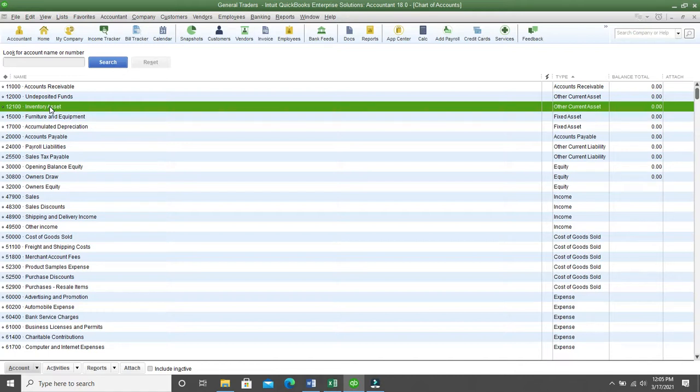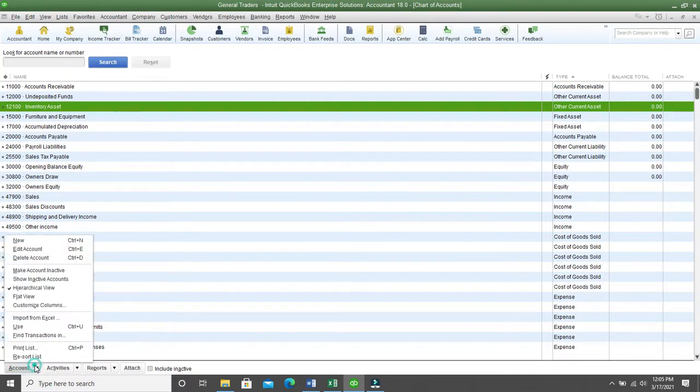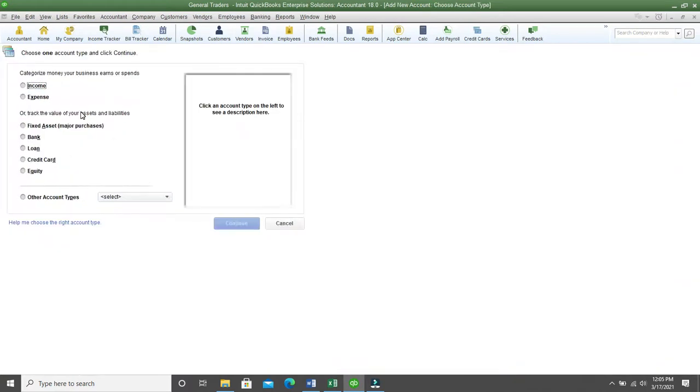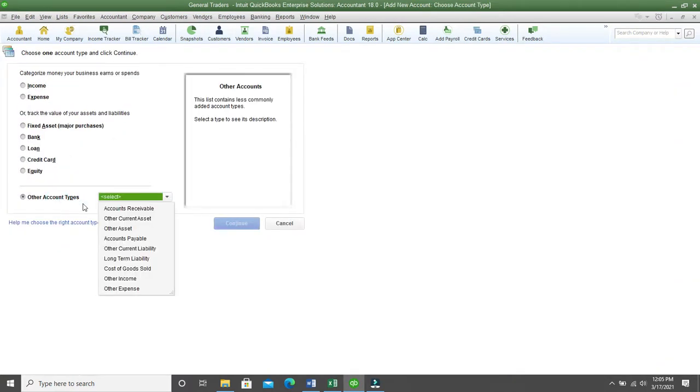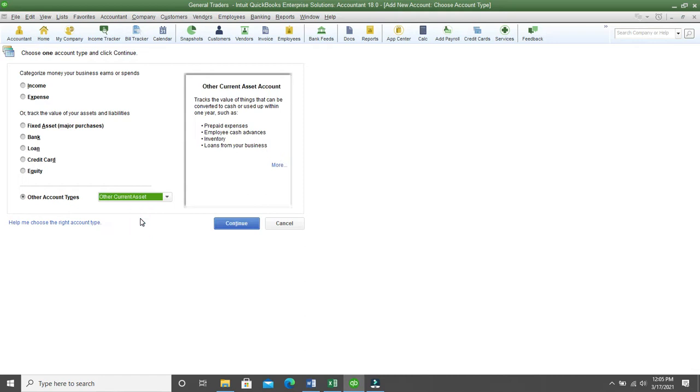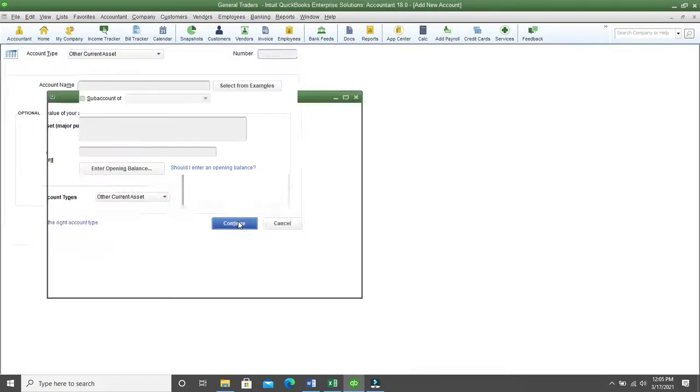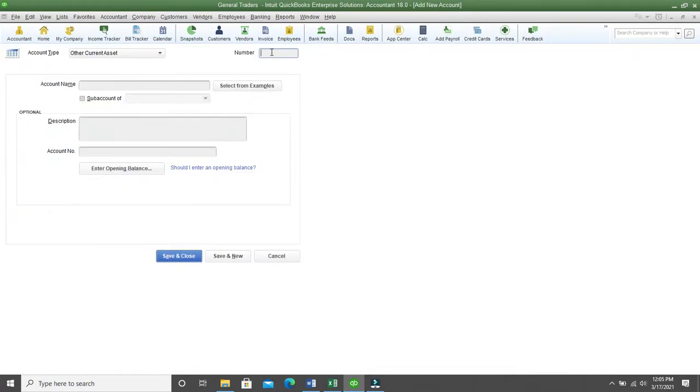So guys, please first create this account. I shall give it the number 12,200. Go to Account, click on New, choose Other Account Types, and choose Other Current Asset, then Continue, and I shall give it the number 12,200.